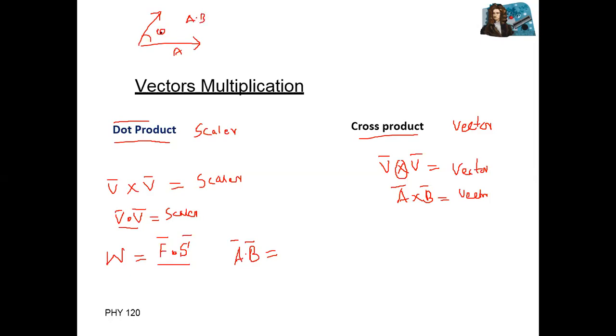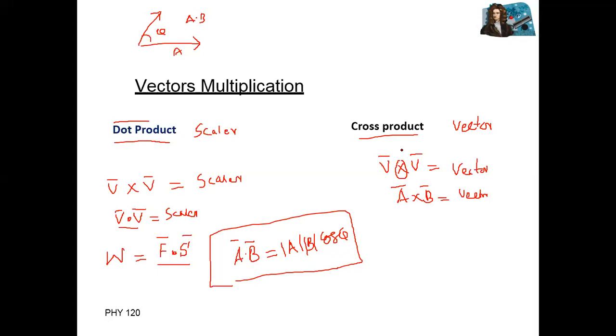Let's suppose the angle is 30. So the multiplication of two vectors is equal to A magnitude times B magnitude times cosine of theta. Correct. This is the formula for dot product.